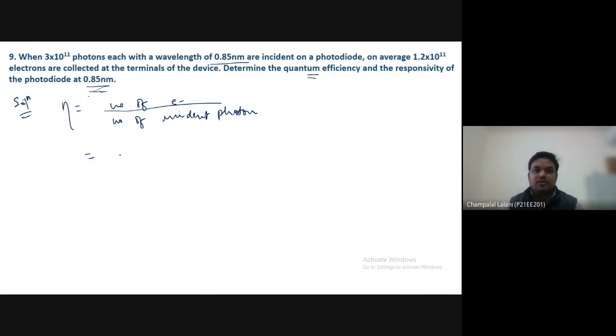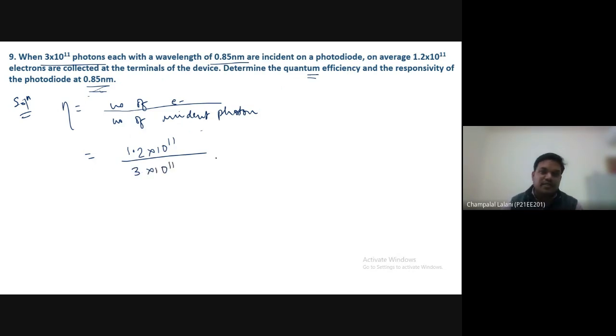So, on average, we are getting this many electrons, 1.2 into 10 raised to power 11, upon the number of incident photons. You can see the number of incident photons is 3 into 10 raised to power 11.